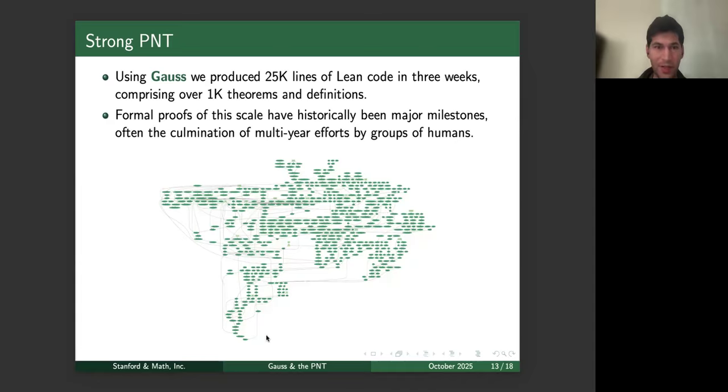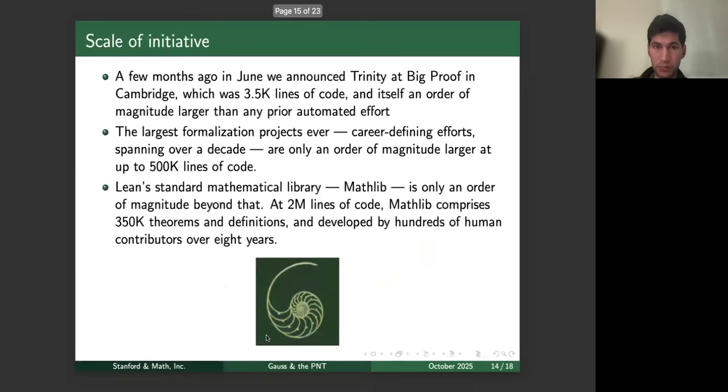But in any event, this is a compiling proof. And I should also mention that proofs at this scale, of thousands of lines of code, have historically been notable milestones in the history of formalization, which are often the culmination of multi-year efforts by groups, not just individuals, but groups of human formalizers.